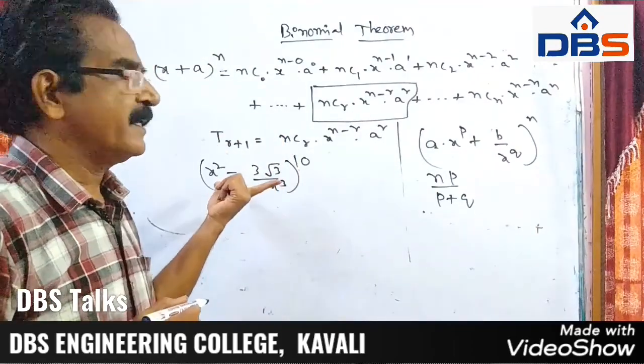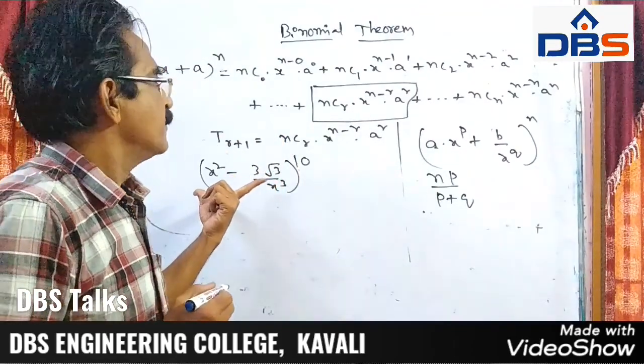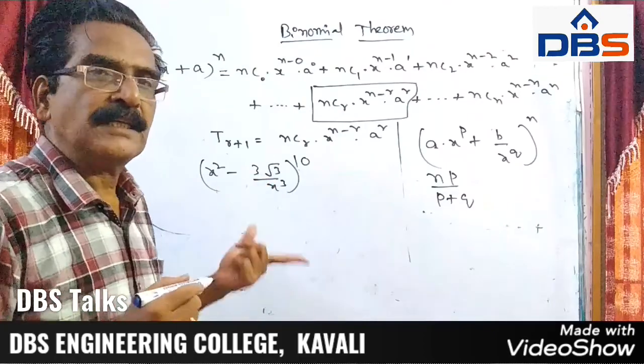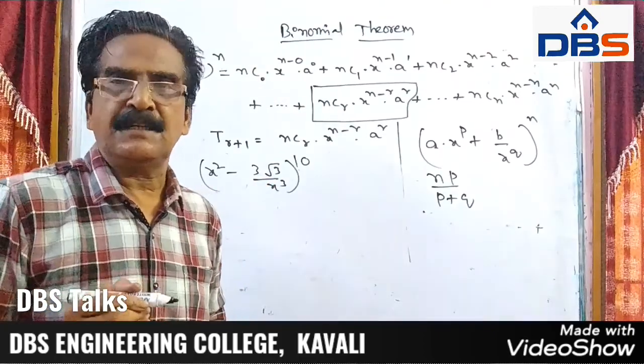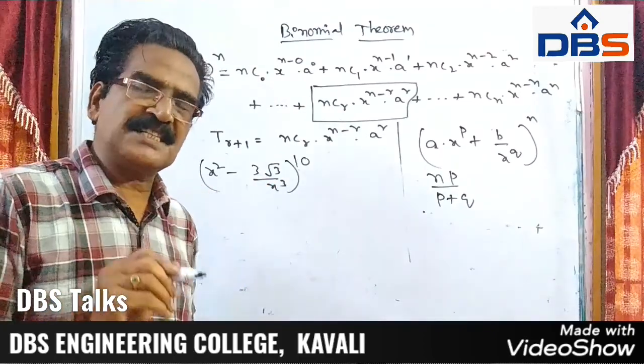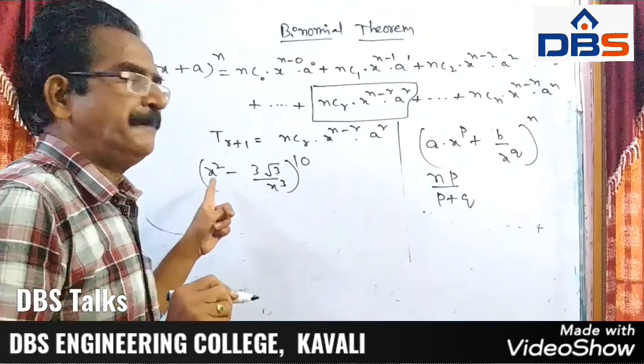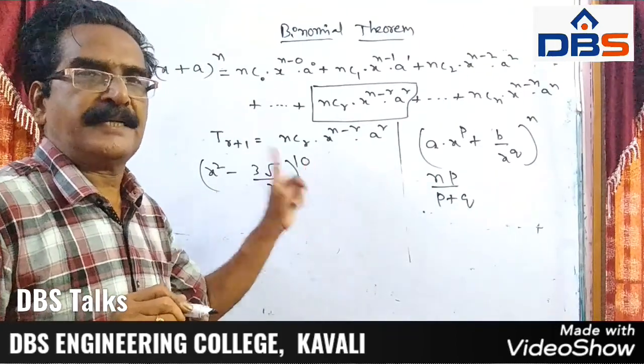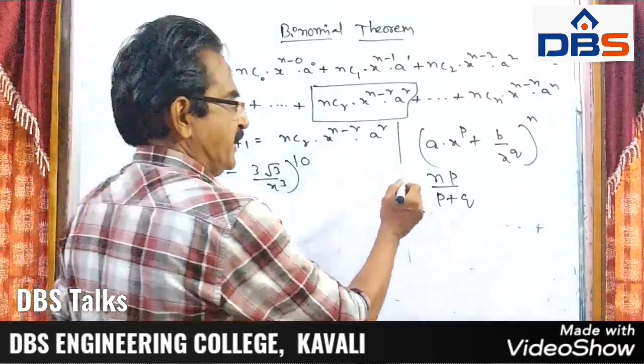This is the given expression, friends. So we want the term independent of x, or the constant term, in this expansion. First let us find r.